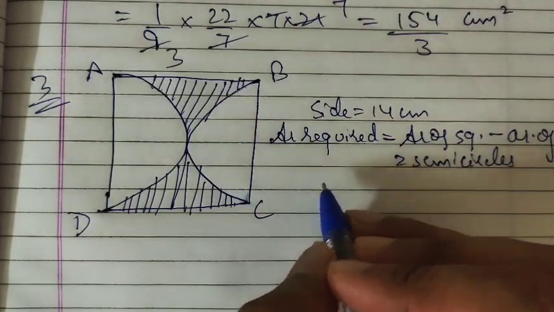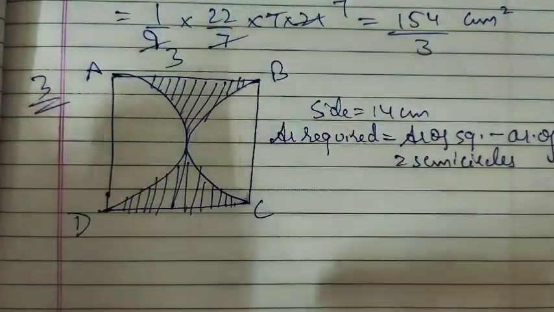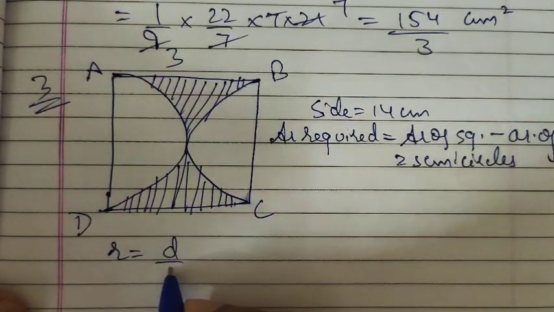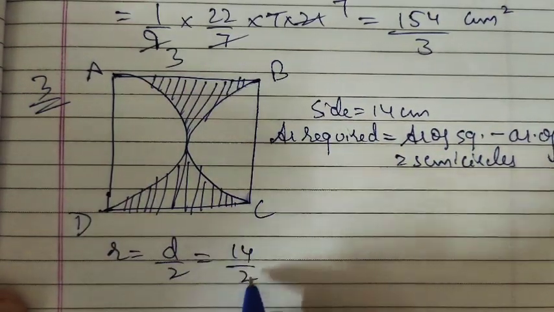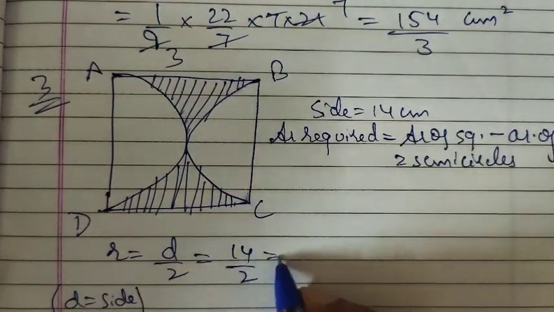Now the side is 14 centimeter, this one. So radius will be equal to diameter upon 2, which is 14 upon 2, because diameter is equal to the side, right? So 14 upon 2, which is 7.